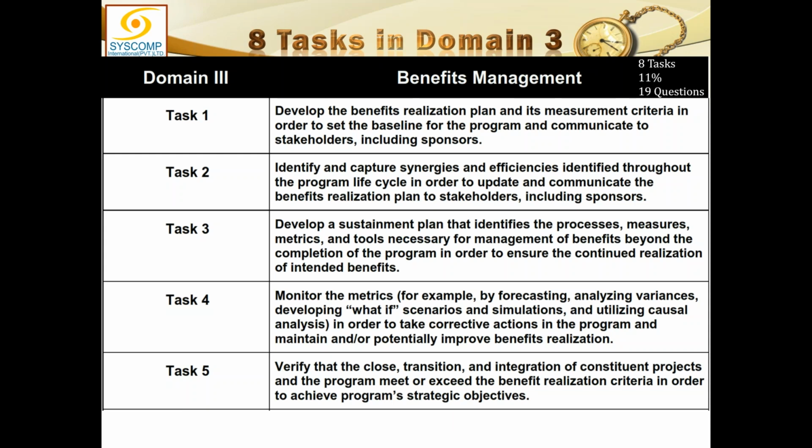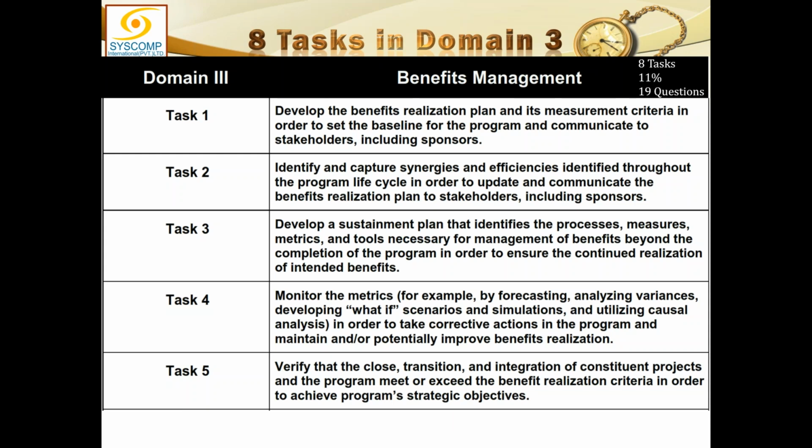So, by monitoring these metrics, the monitoring and control of the program is basically responsible for having an eye on whatever is happening, doing a lot of analysis, and ultimately applying corrections to the benefit realization, to improve it, enhance it, or for that matter, synergize it. So our monitoring will basically be looking at those metrics.